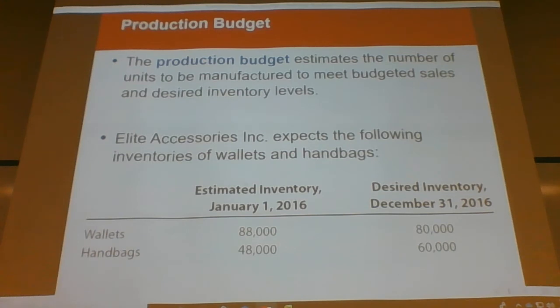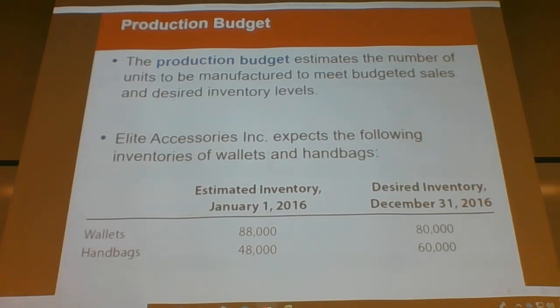So one of the reasons why we have to start with the sales budget and not the production budget is because we base our production on existing beginning inventory that's a part of finished goods, and then also what we want to have for desired inventory.